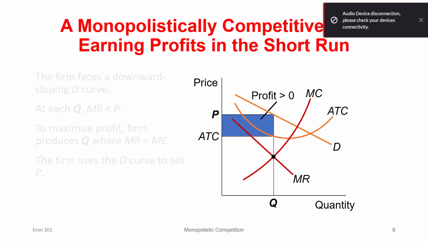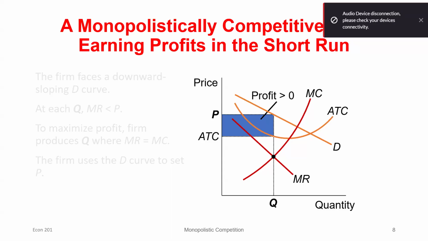So if we go back to thinking about our profit equation, what was our profit equation equal to? Profits are equal to the quantity we're selling times the difference between price and average total cost. It's the exact same profit equation we've been using. So if price is ever above my average total costs, this is where profits are positive.